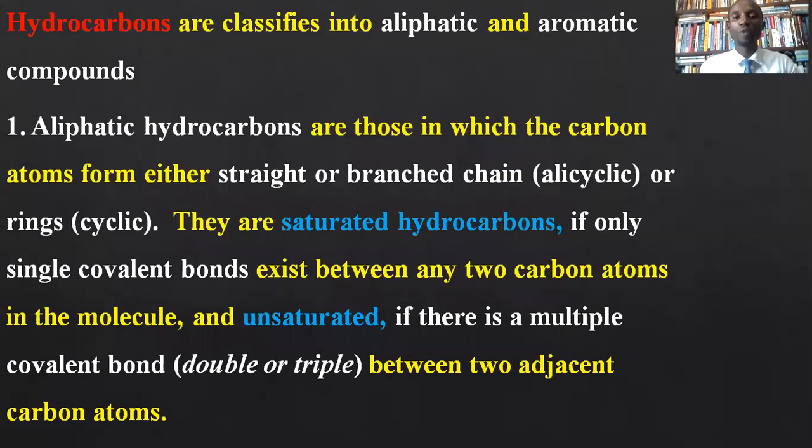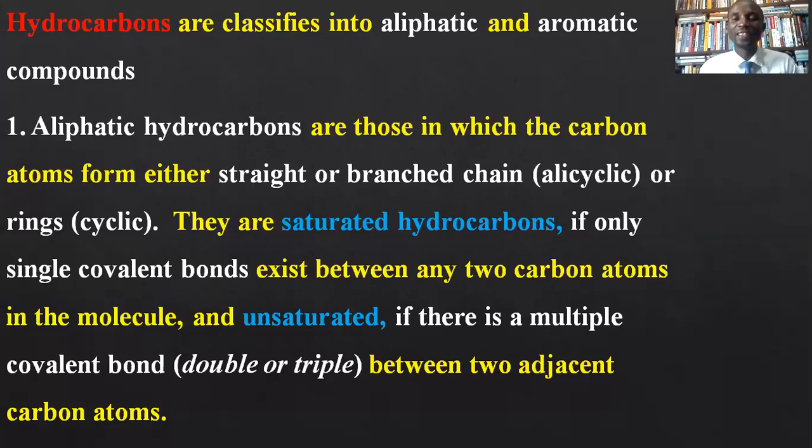Now let's talk more about aliphatic hydrocarbons and aromatic hydrocarbons. Aliphatic hydrocarbons are those in which carbon atoms form either a straight chain or a branched chain. We call them acyclic, which means they are not cyclic, not a ring.